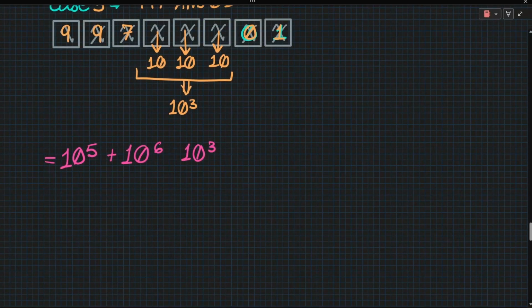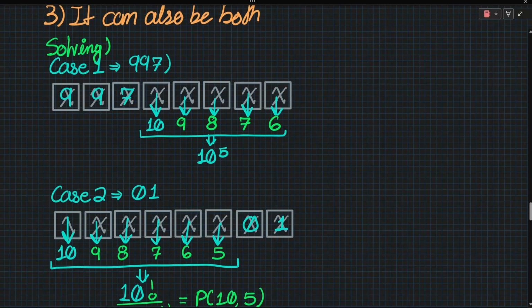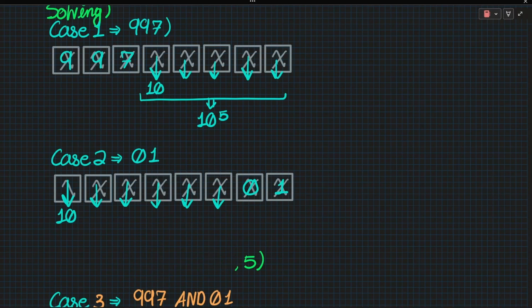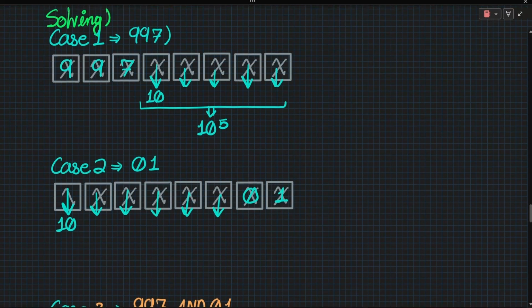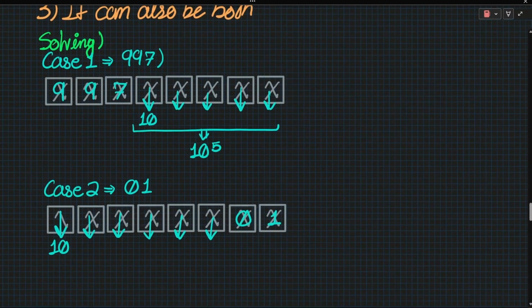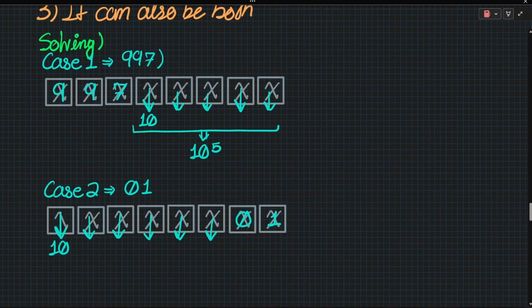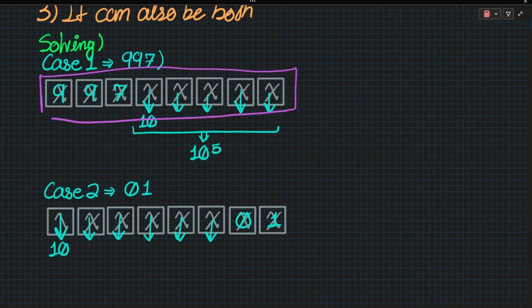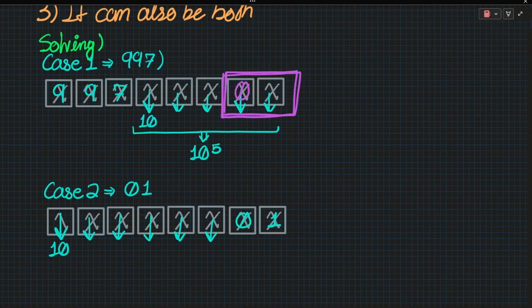Now, an issue with this problem here: when we consider case 1 and case 2, we are counting all possible situations, these non-distinct values for passwords that start with 997 or end with 01. But the issue is that both case 1 and case 2 overcount, and the sum of both of them overcounts even more, because within this count of 997 with some variation of the endings, there exists a couple of situations where it ends with 01.